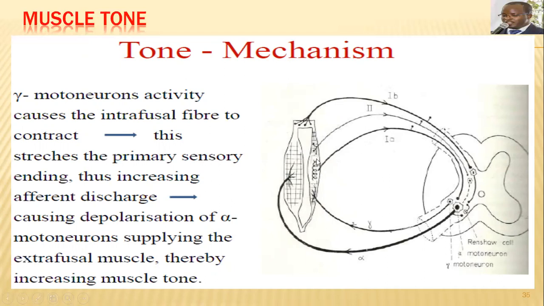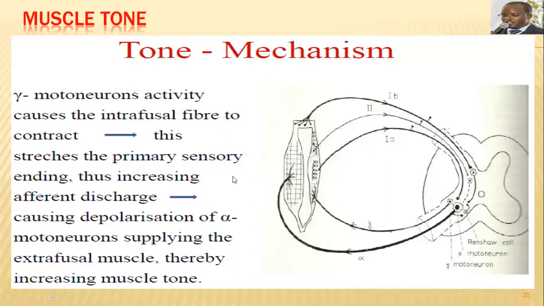So the gamma motor neuron activity causes the intrafusal fiber to contract. As the intrafusal fibers contract, this stretches the primary sensory ending, thus increasing afferent discharge.